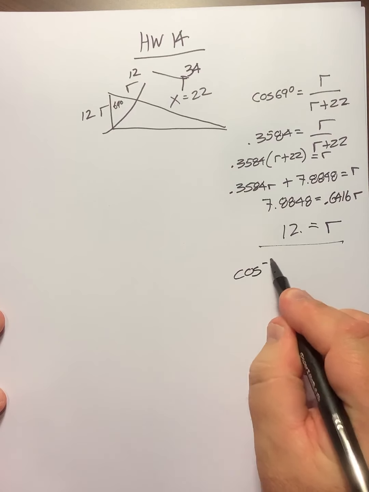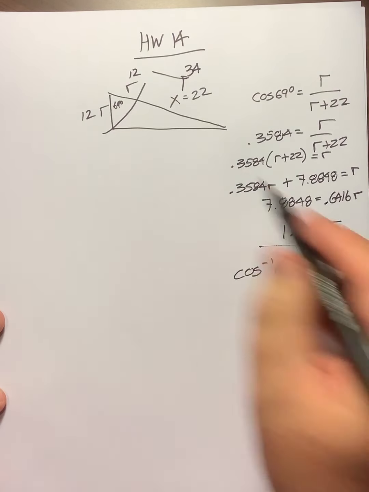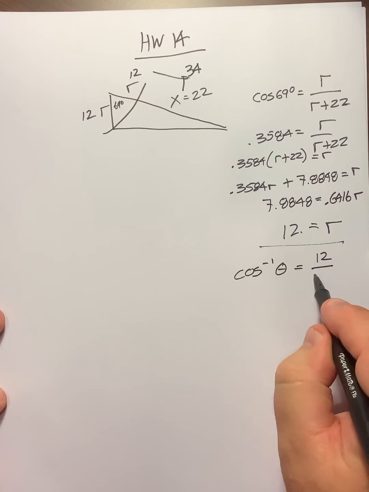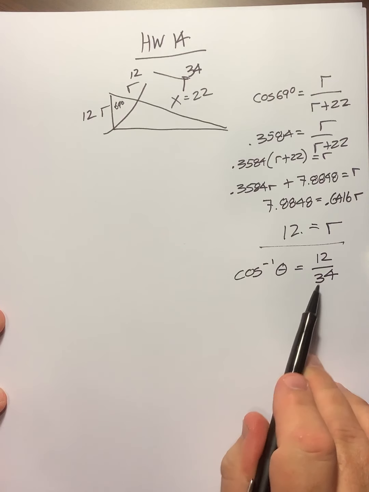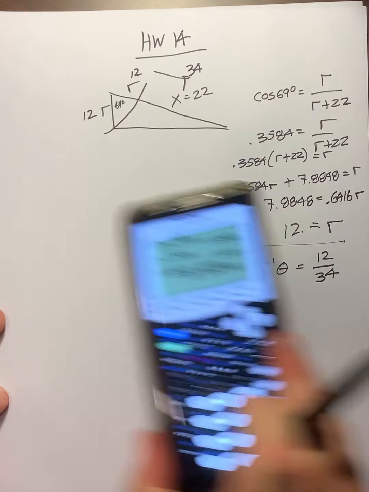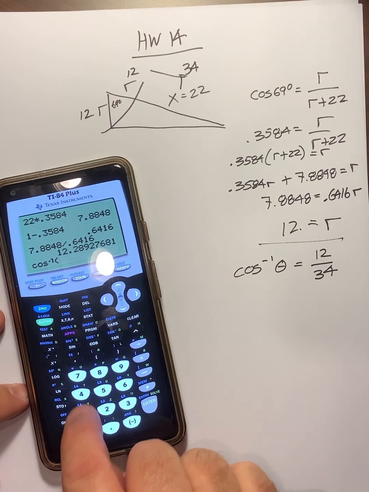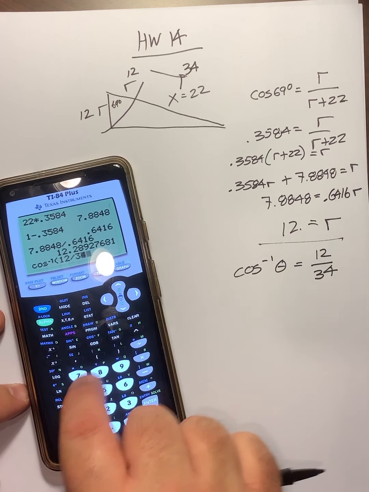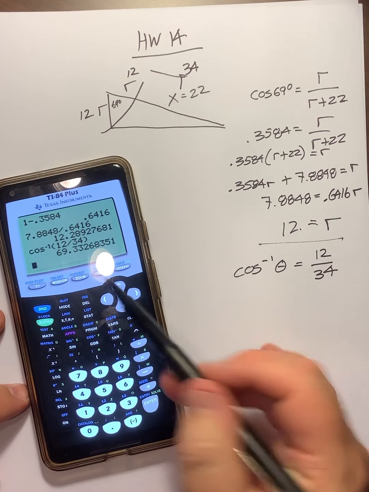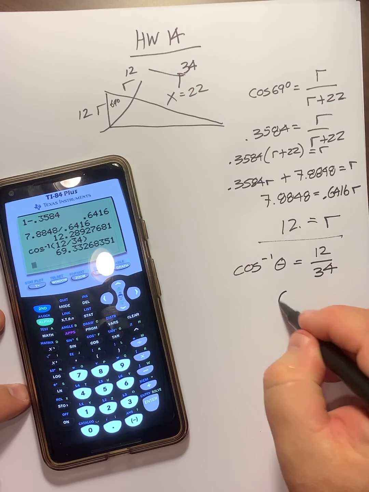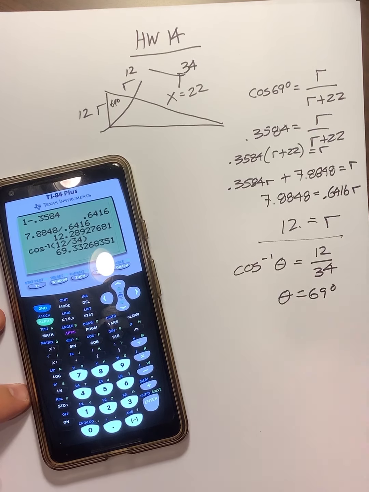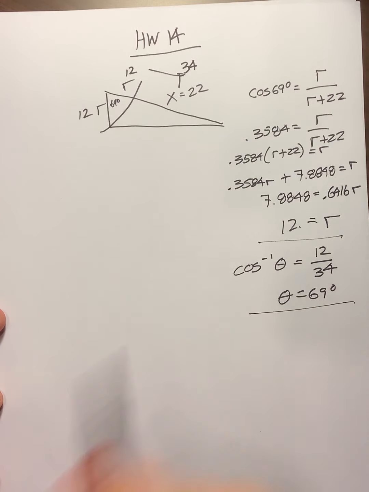Let's do an arc cosine of theta is 12 over 34. And we would hope when I do this that I get 69 degrees. Let's check. So arc cosine of 12 divided by 34, close the parentheses, 69.33. So theta is 69 degrees. There you go. All right, that's that one.